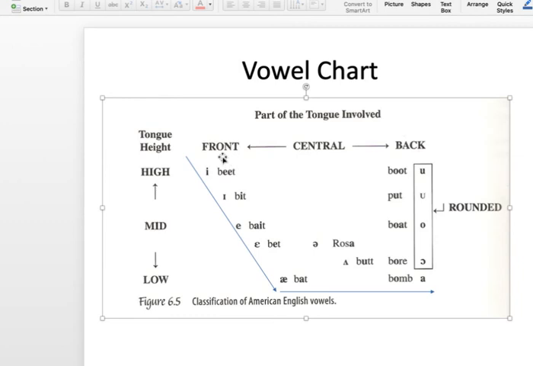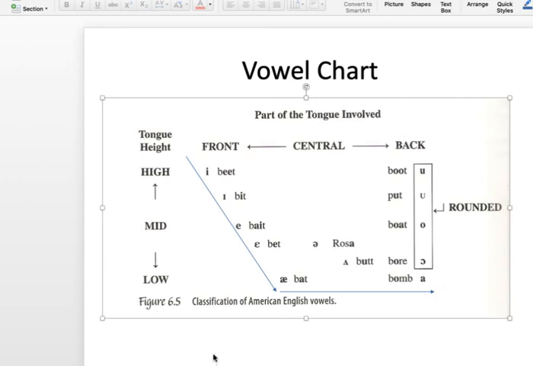Which part of the tongue is involved? Front part, central part, or back part? Okay, like beat, boot. In beat the front part, and in boot the back part of your tongue is involved in the production of these.